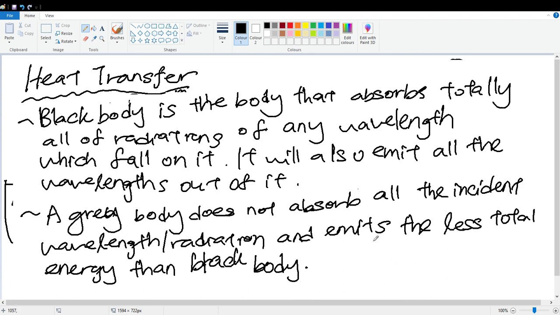So the energy will not be emitted totally, and hence the total energy that is emitted is actually less than the black body.